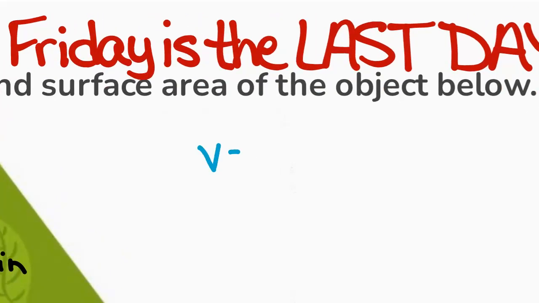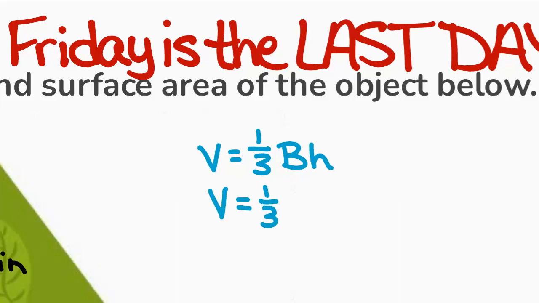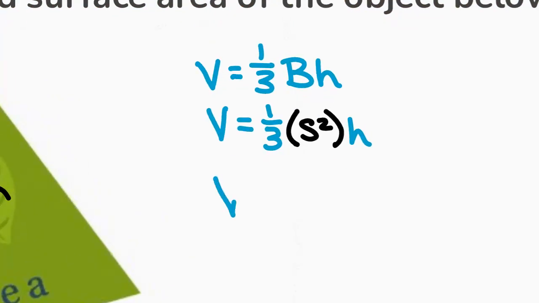How do we find the volume of a pyramid like this? 1/3 area of the base times the height. And because we have a square base, how do we find the area of that square base? Side squared. So we have enough information to find our volume.